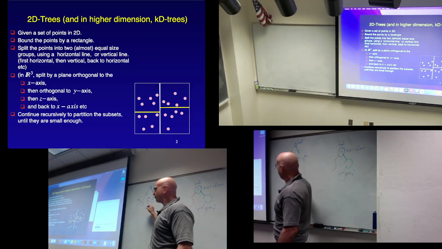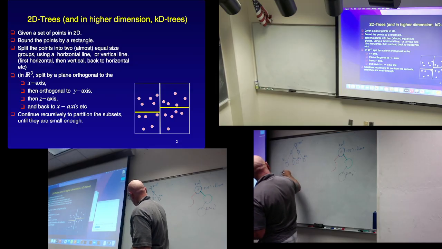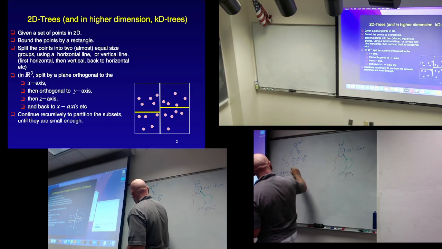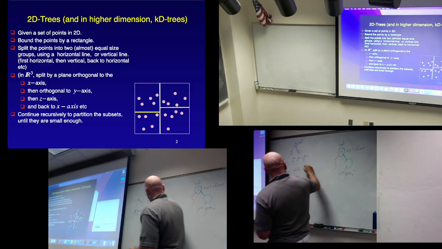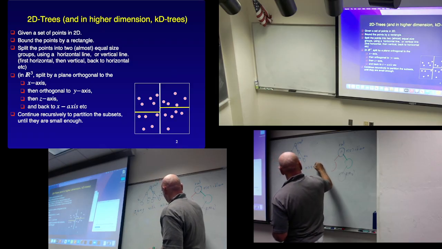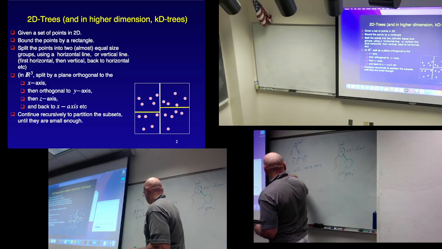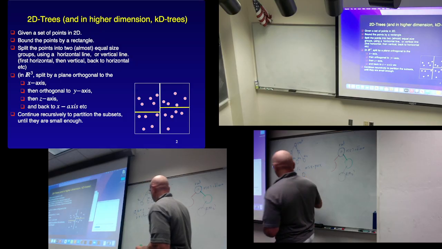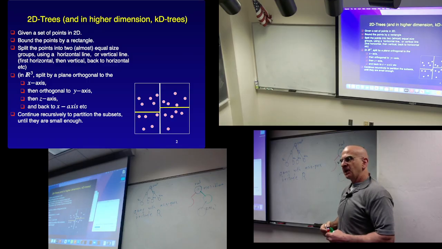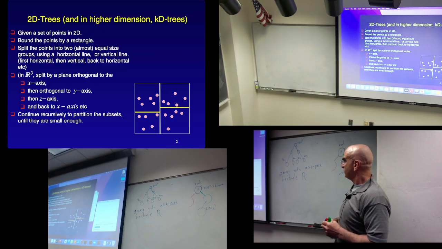And I perform a query with an axis parallel rectangle. So now my query region stops being a disk, it's going to be an axis parallel rectangle.